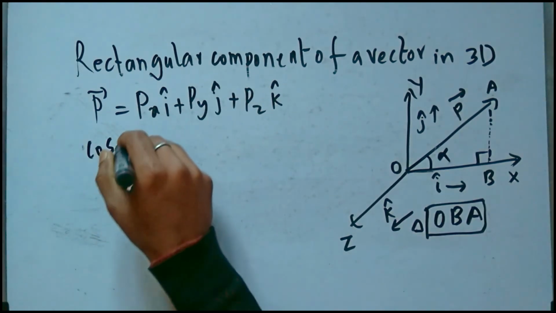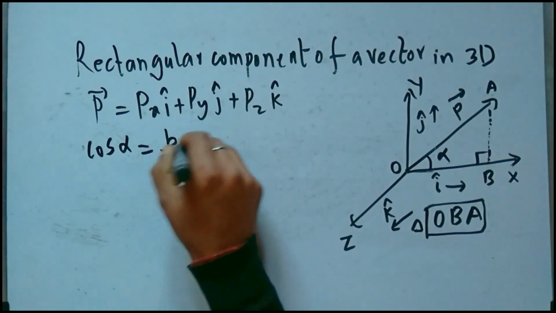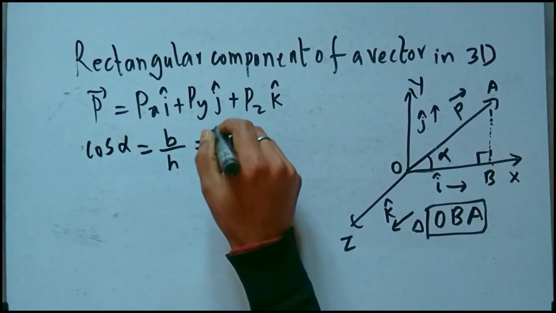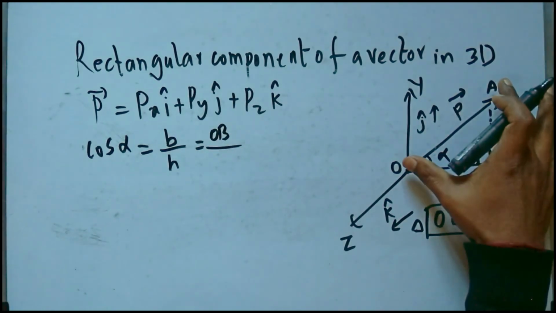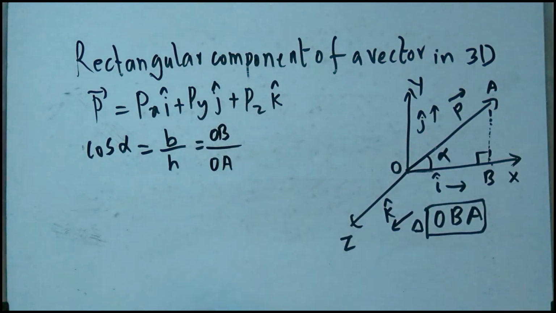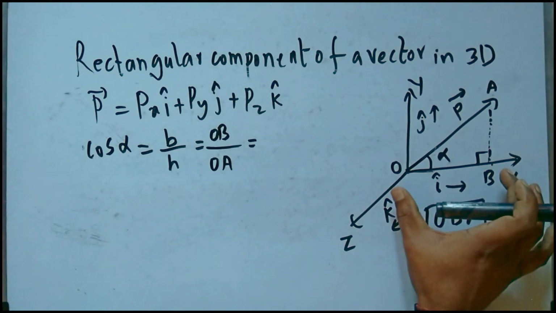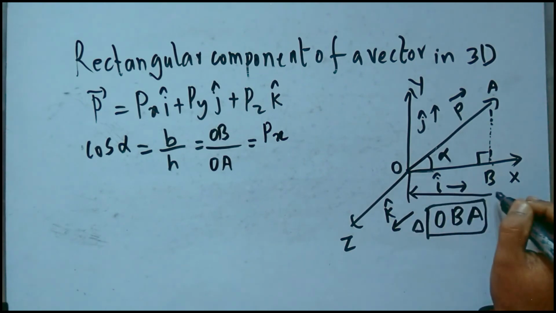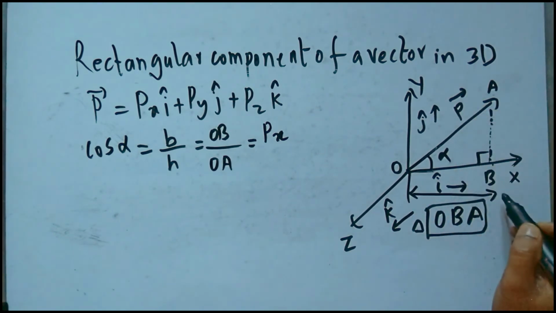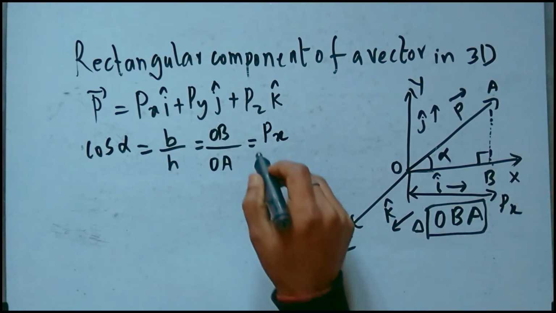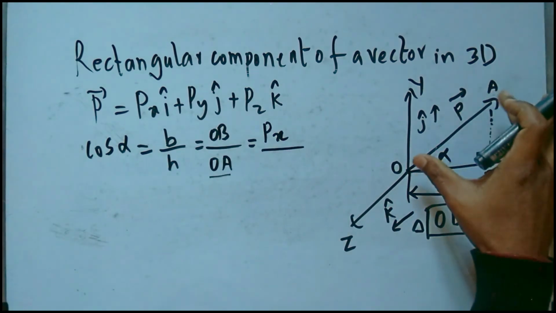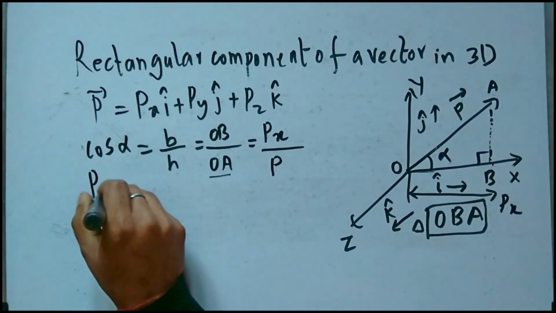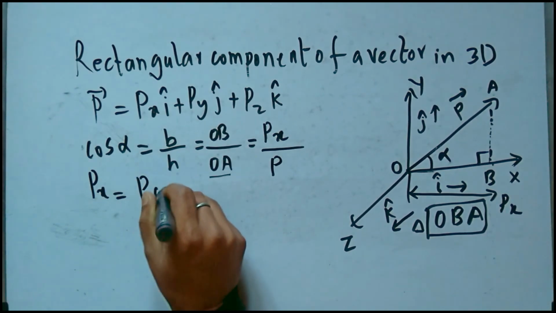Let cos alpha, which is base by hypotenuse, here base is OB by hypotenuse, which is OA. We know OB is Px, the component of vector P in x-axis. And we know OA is the magnitude of the vector P, so it can be written as P. So Px is equal to P cos alpha.